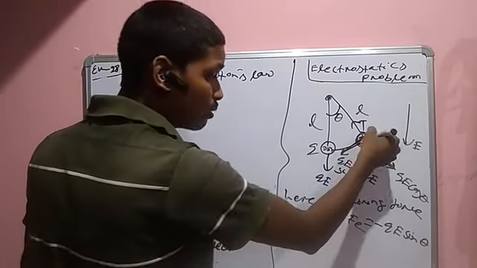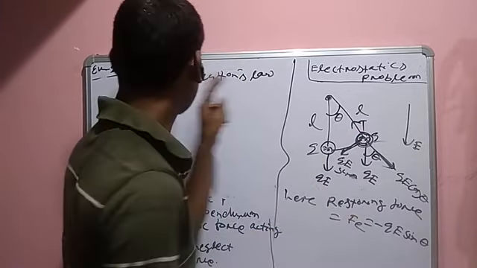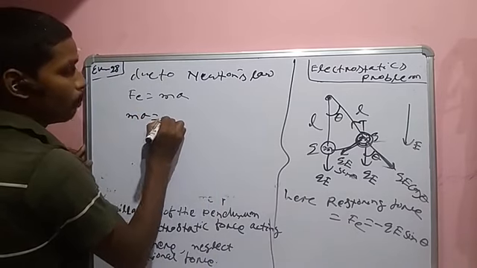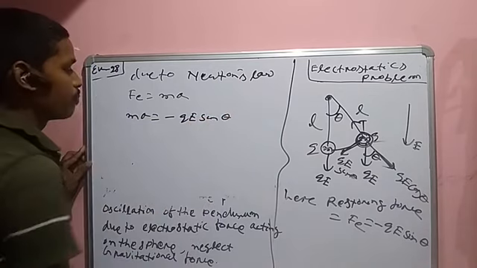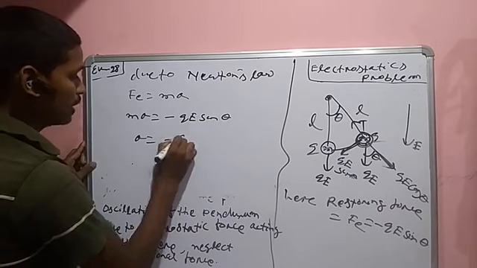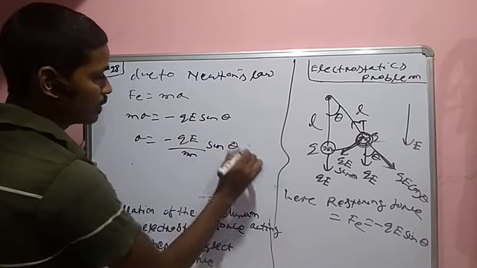When our body tries to move in this direction, it has some acceleration a. So ma is equal to minus QE sin theta. Here a is equal to minus QE by m sin theta.